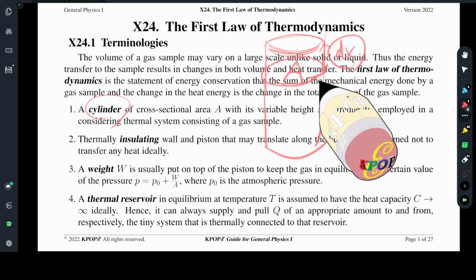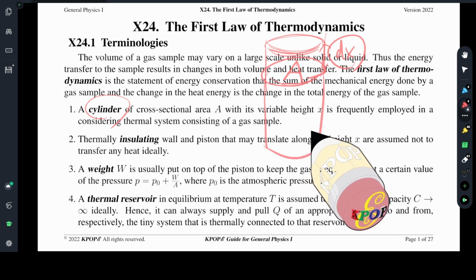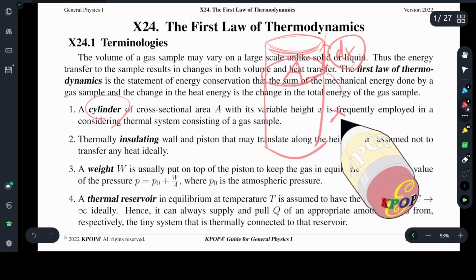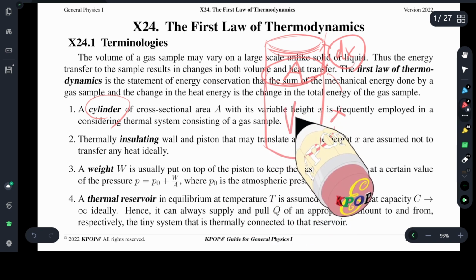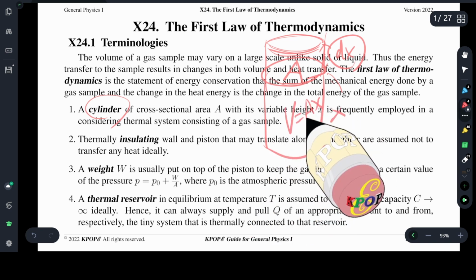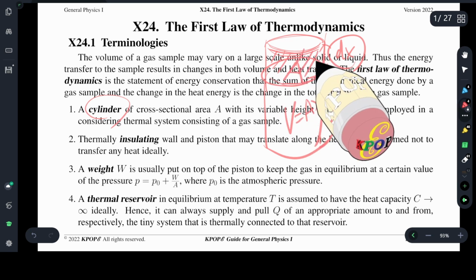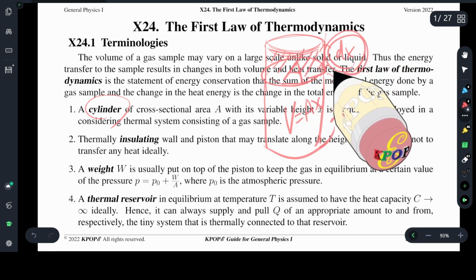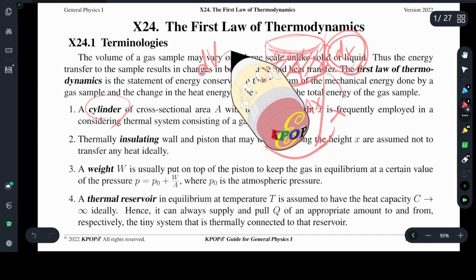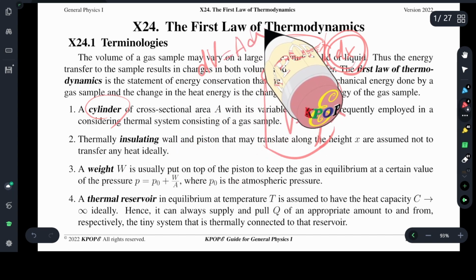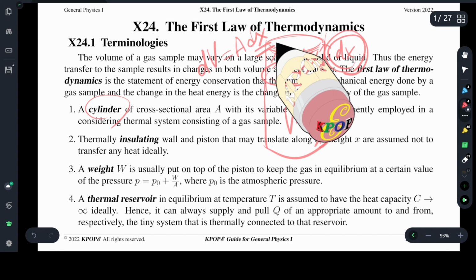Then it is very easy to analyze the volume change. This is the x height of this cylinder. Then the volume is A times x. And the change in volume due to the displacement of this piston can be described as dV, the cross-sectional area multiplied by the change in the height.